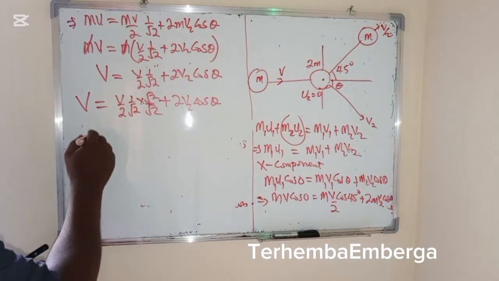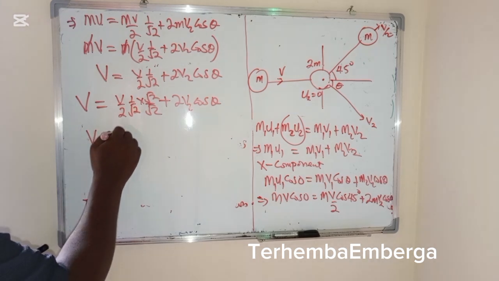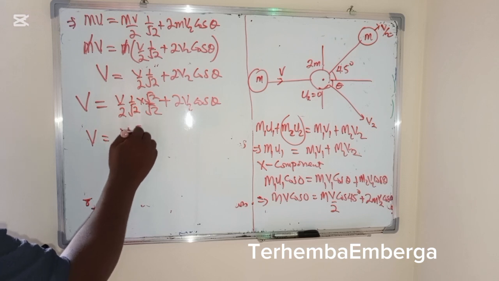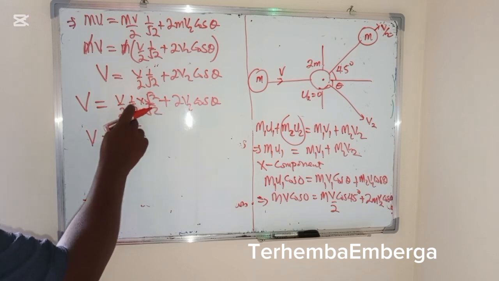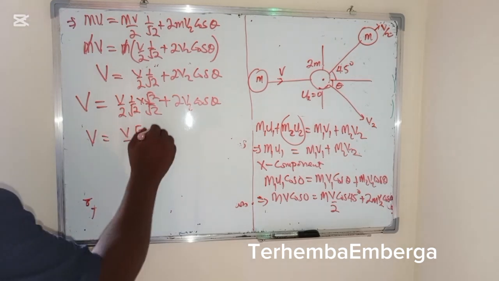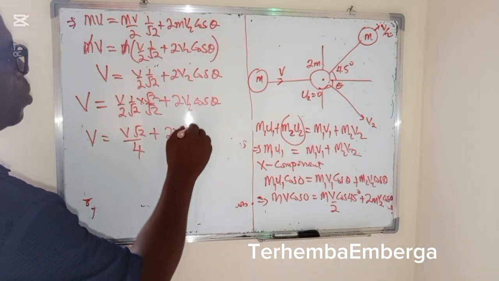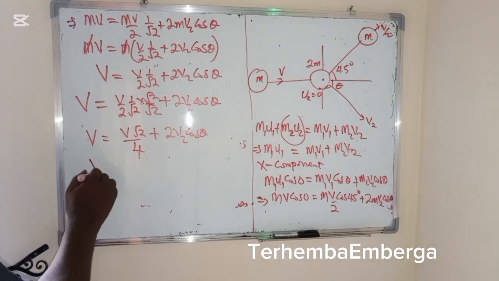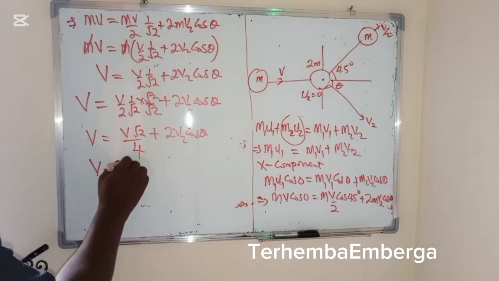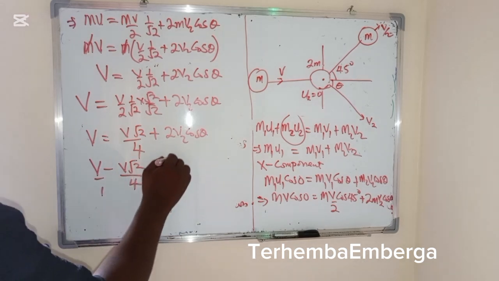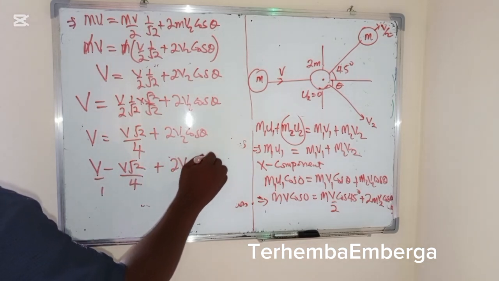By the time you multiply this out, you have v equal to v root 2 over 4, since root 2 times root 2 is 2, times 2 is 4, plus 2 v2 cos theta. So we need to take this to the other side. So this becomes v minus v root 2 all over 4 equal to 2 v2 cos theta.